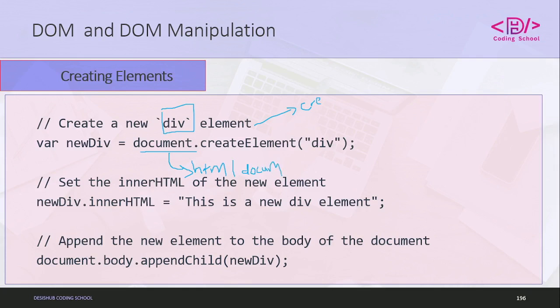Now in this HTML document we want to create an element, so it has this method called createElement. In createElement we pass in a string of the element we want to create. So you can see here we are passing in a div.